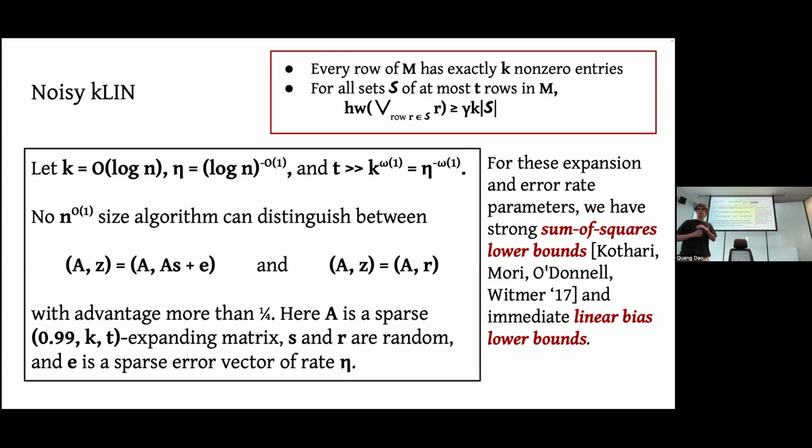Really, only when the error probability is low. If the error probability is very high, as far as we know, there is no gain. The best attack is to find a fast vector in the kernel and then check the values. And actually, the attack Aayush is describing is precisely a linear bias attack, but in our paper, we show immediate linear bias lower bounds for this problem.